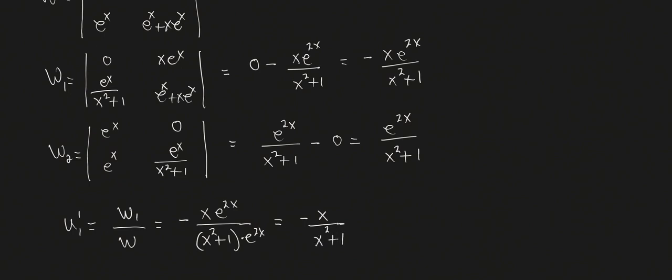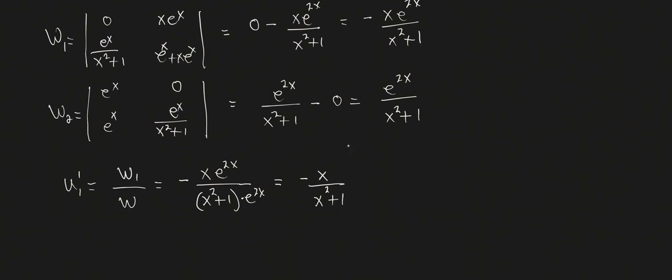All right, and then let's write down what u2 prime is. That's equal to W2 over W. So it's this divided by e to the 2x. So it's e to the 2x over x squared plus 1, again divided by e to the 2x.